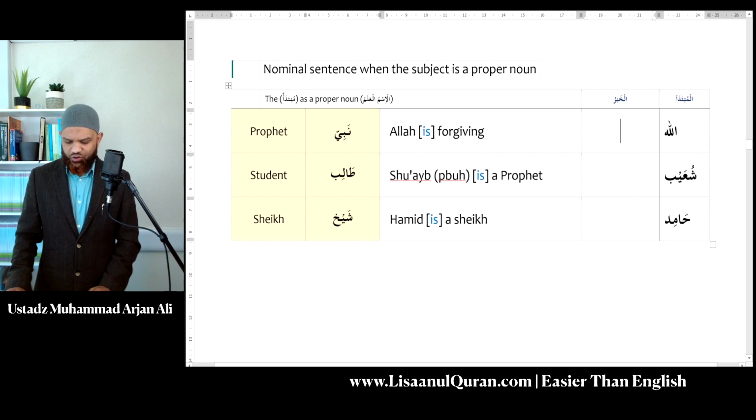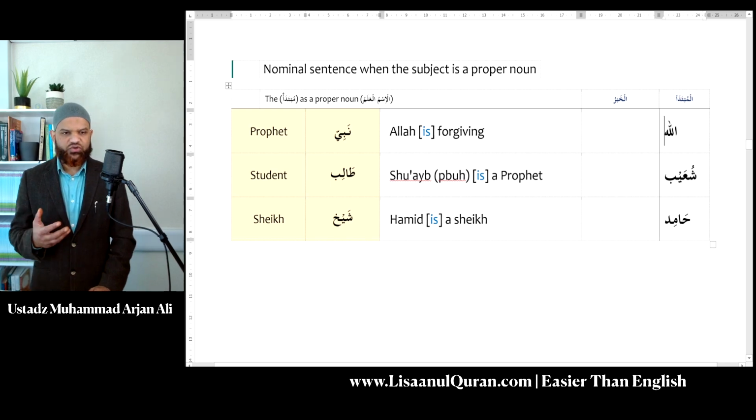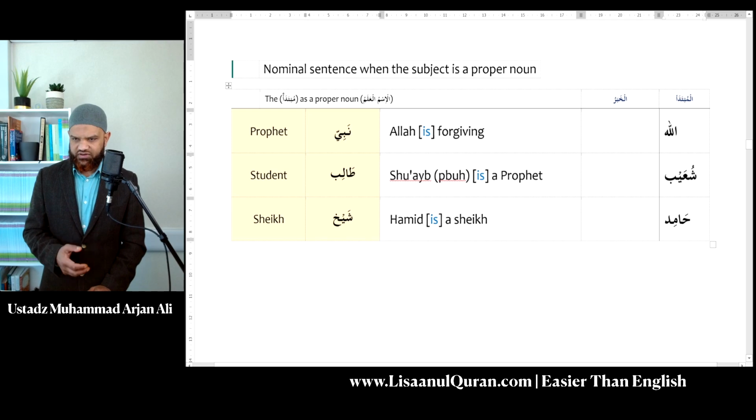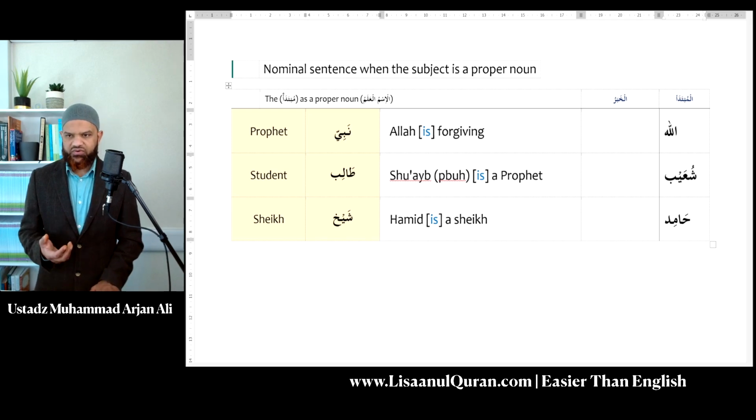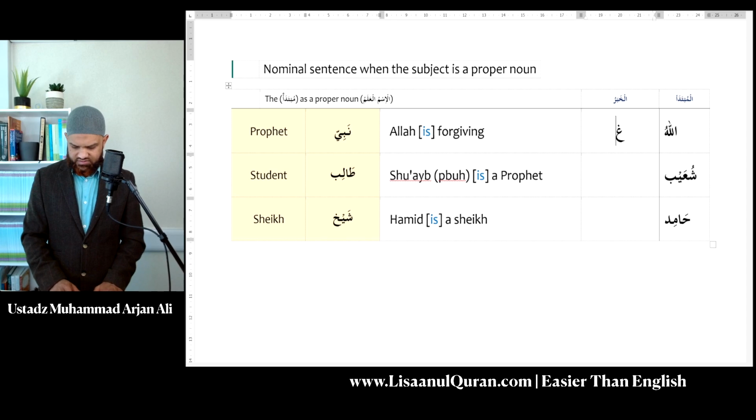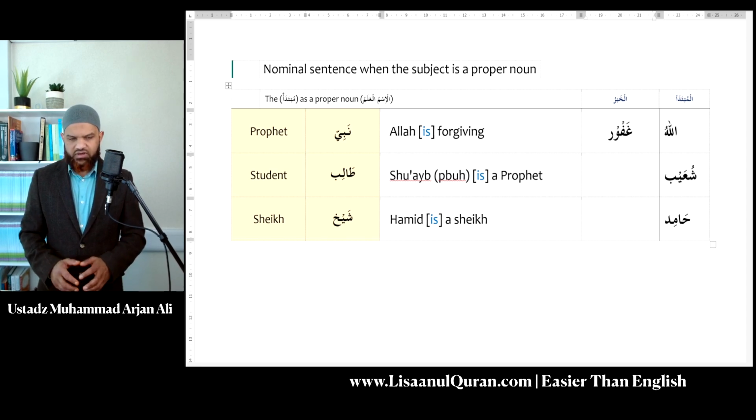So welcome back. I hope you did the exercises. So let's do the first one. Allah is forgiving. Again, the word Allah is a proper noun. We need to put a damma at the end to make it into the rafa status. Allahu. The word for forgiving is Ghafurun. Well done.